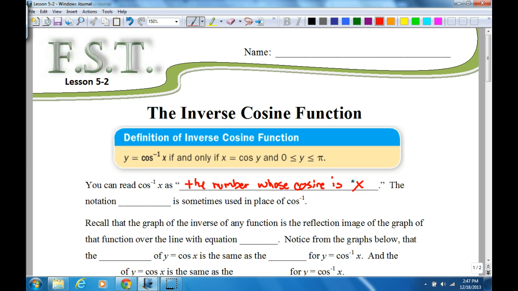The notation arc cosine, it's two C's there by the way, is sometimes used in place of cosine to the negative 1. This is just the inverse cosine. Inverse cosine is another name. So there's three things you can see this as: cosine to the negative 1, the phrase the number whose cosine is x, arc cosine, and inverse cosine. Those all mean the same thing.